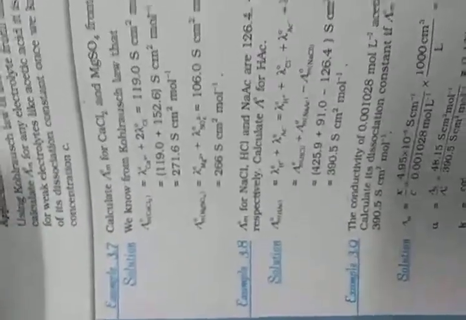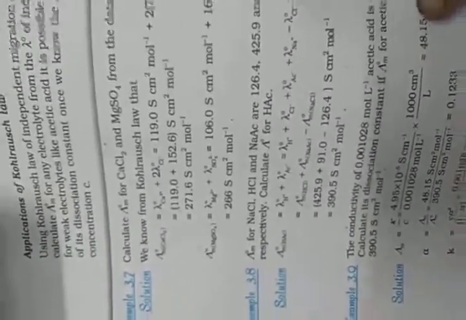This is example 3.7. Put only the values and easily you will get 3.8 for weak and strong electrolytes. Now, Kohlrausch's law of independent migration of ions for weak electrolytes: the derivation is like this.